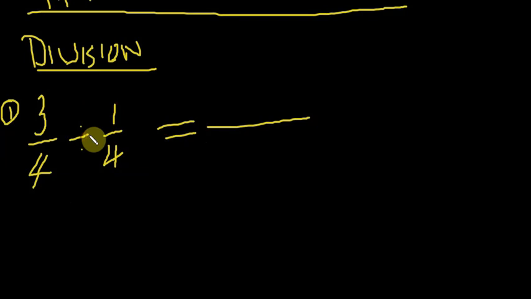division sign. You can't work with a division sign. If you have a division sign, you need to change the sign into a multiplication sign. And when you change the sign to a multiplication sign, the second fraction, let me just show you, the second fraction, which is this one, has to be reciprocal.